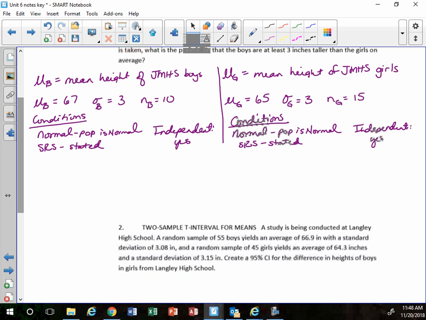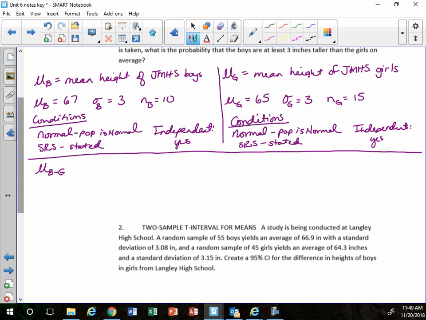Okay, so do we know what mu of B minus G should equal? That's just mu of B minus mu of G, right? So that's going to be 67 minus 65, which is 2.